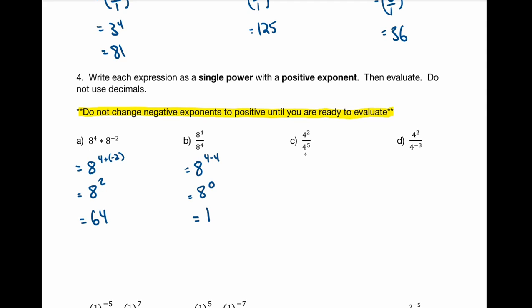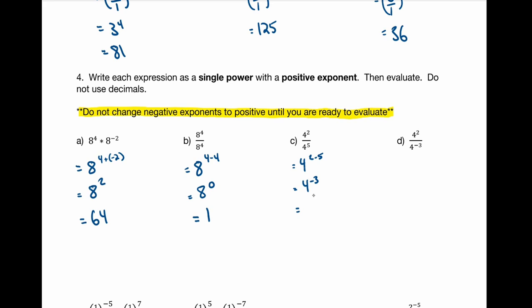For C, 4 to the power of 2 divided by 4 to the power of 5. Because we're dividing, we're going to subtract our exponents. So we have 4 to the power of negative 3. Now that I've simplified it, I can change it to a positive exponent.